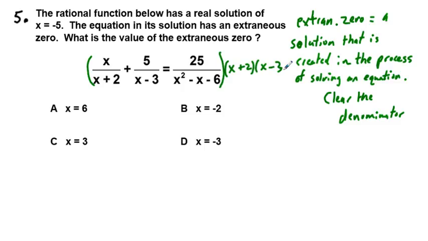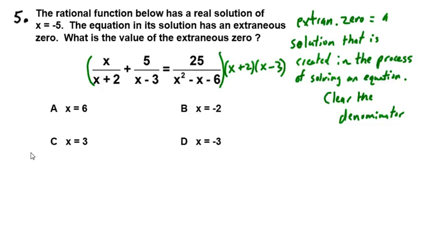Where did I get these two factors? I got them from the denominators on the left side: we have x over x plus 2 and 5 over x minus 3. So we're going to clear out that denominator. Quantity x plus 2 times quantity x minus 3 is also equal to x squared minus x minus 6.